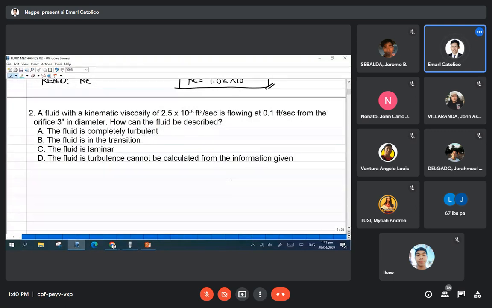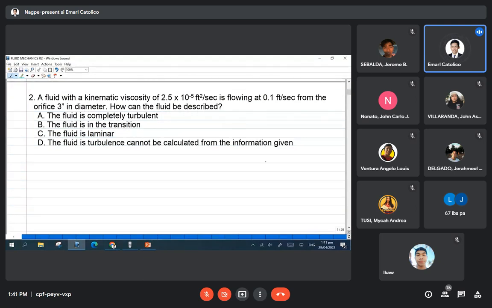Number 2, a fluid with a kinematic viscosity of 2.5 times 10 raised to negative 5 feet squared per second is flowing at 0.1 feet per second.